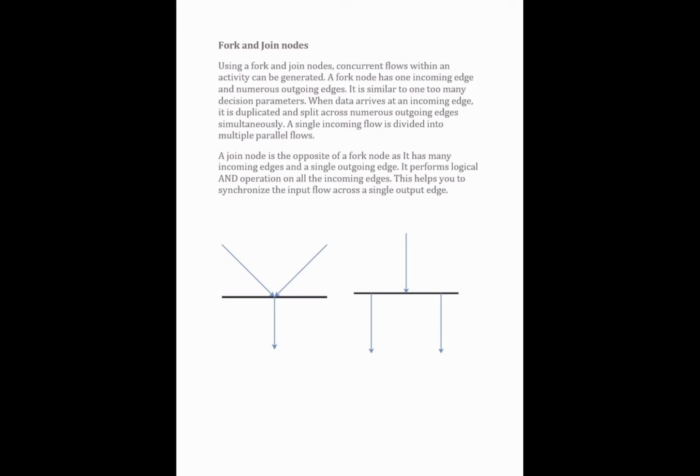Simultaneously, a single incoming flow is divided into multiple parallel flows. A join node is the opposite of a fork node and it has many incoming edges and a single outgoing edge. It performs a logical AND operation on all the incoming edges. This helps you to synchronize the input flow across a single output edge.